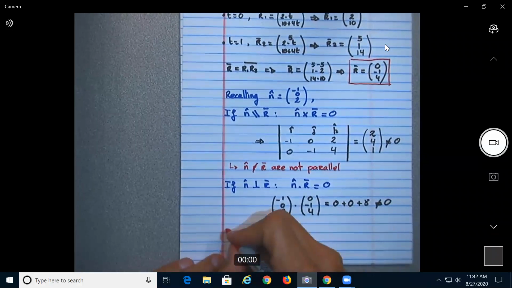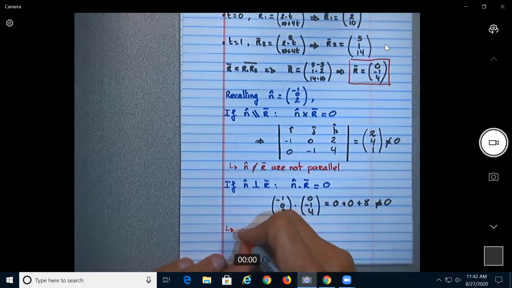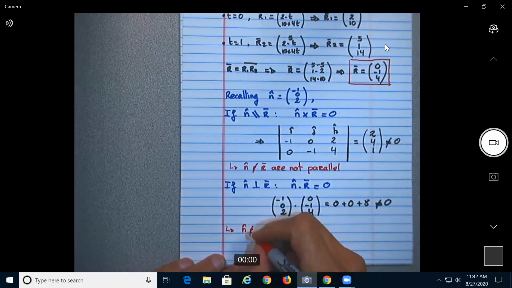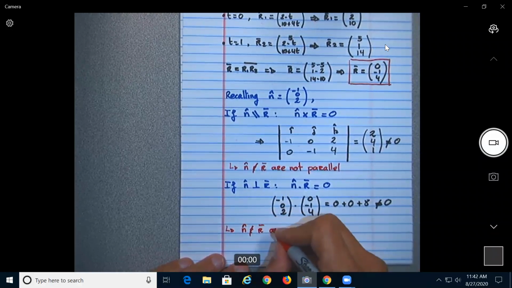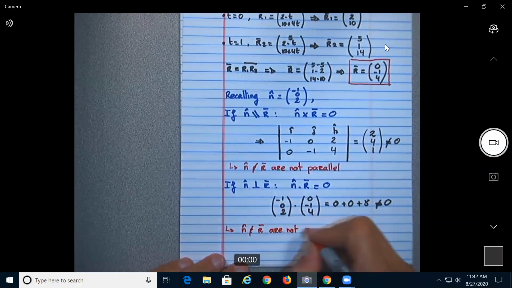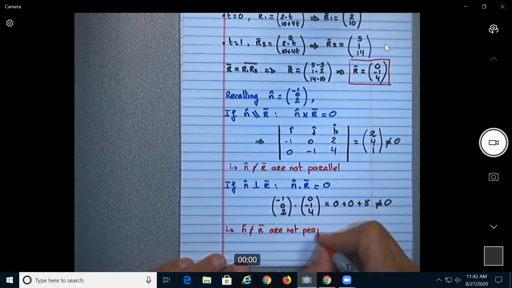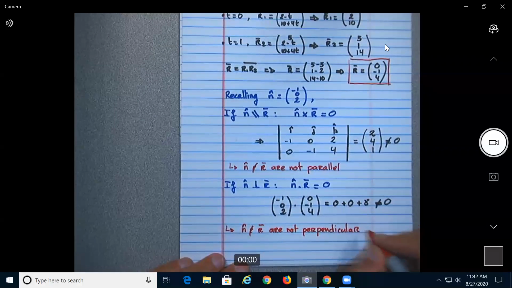So what will be the conclusion? n and R are not perpendicular. So you are correct. That means the projection of the vector R is cutting the plane at an angle.